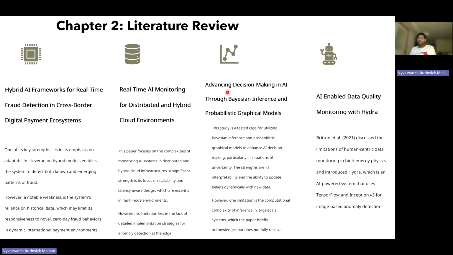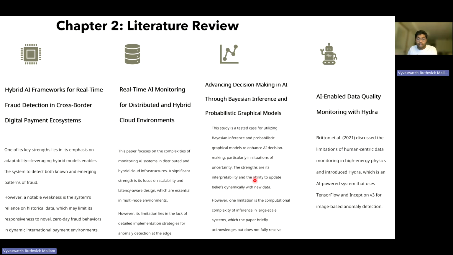So this is correlated, and it is helpful for me to use the concepts of this research paper. This is a study in which they utilize Bayesian inference and probabilistic graphical methods, so that the AI does decision making in certain situations.